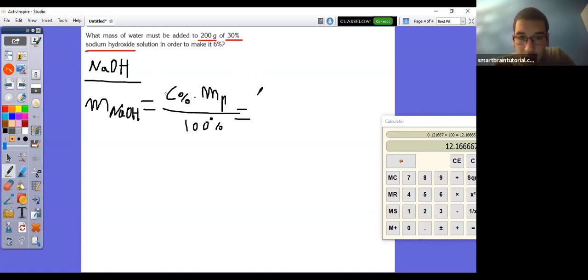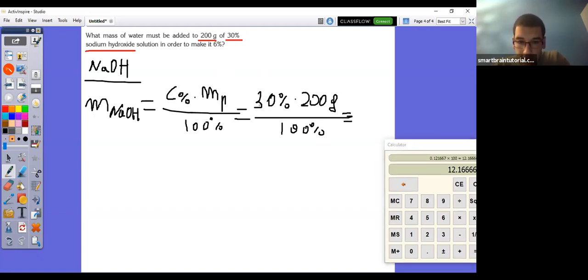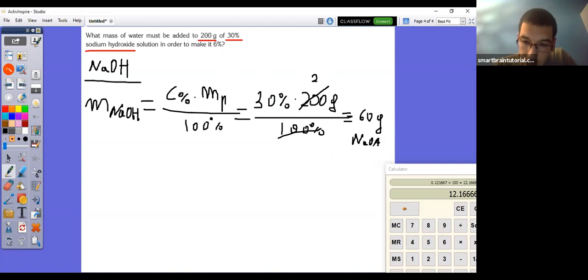So 30% times 200 over 100%. We simplify 100 with 200, so it is 2 times 30, which is 60 grams of sodium hydroxide.